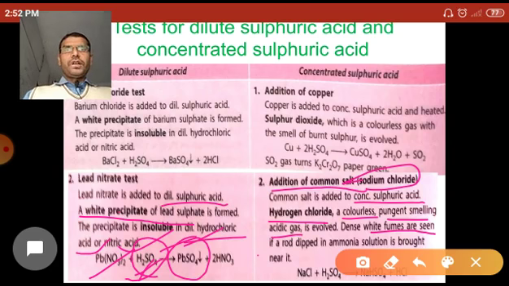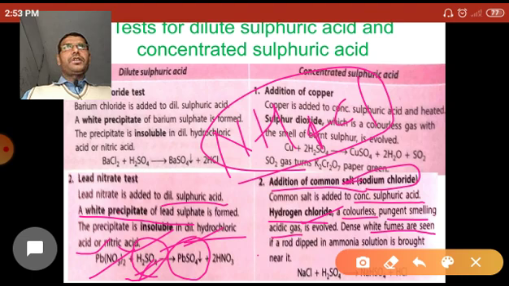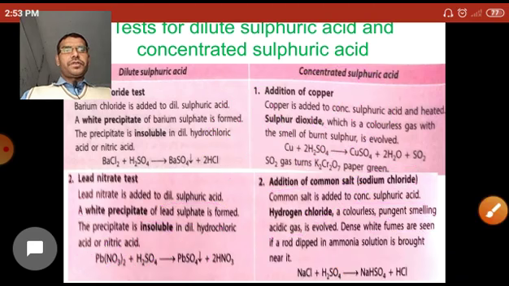So the rod dipped in ammonia solution, brought near the hydrogen chloride gas, forms ammonium chloride, NH4Cl, which is white fumes. That ammonium chloride proves that the released gas is hydrogen chloride gas, which always evolves during the reaction between sodium chloride and conc sulfuric acid.